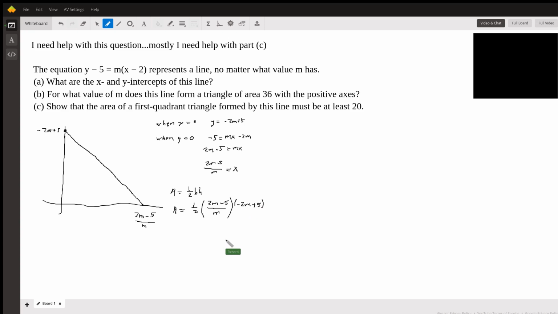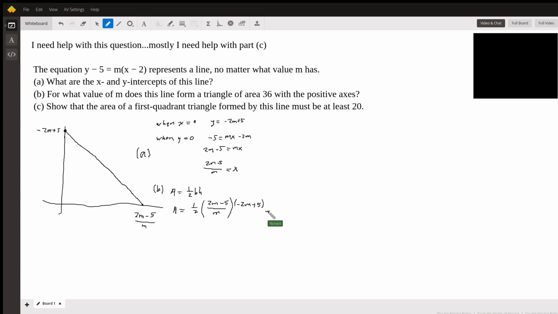So that's part A for the two intercepts. And now we're working on part B here for the area.